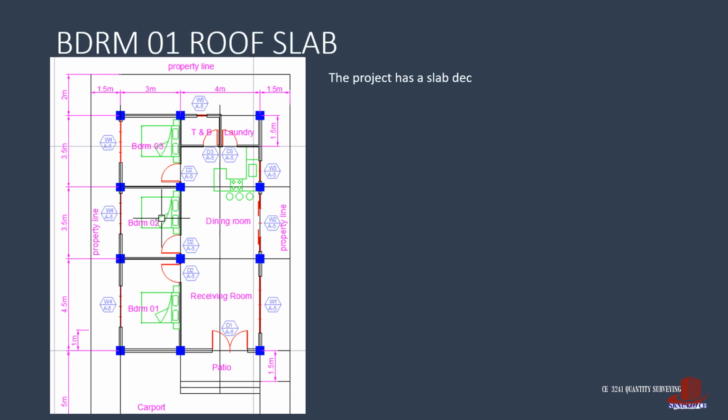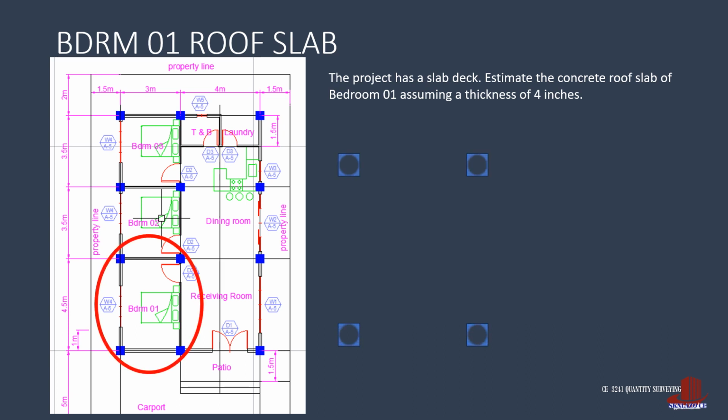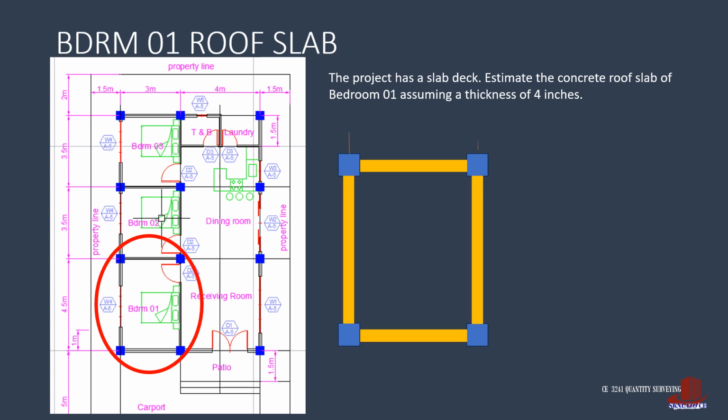The next task is to estimate the concrete for the slab deck above bedroom 1 using 4 inches thickness. The area of slab can be computed from the gross area of bedroom 1, which turns out as 3 meters by 4.5 meters.